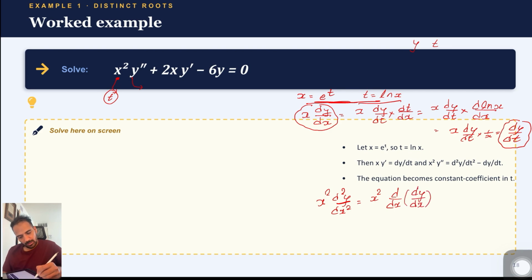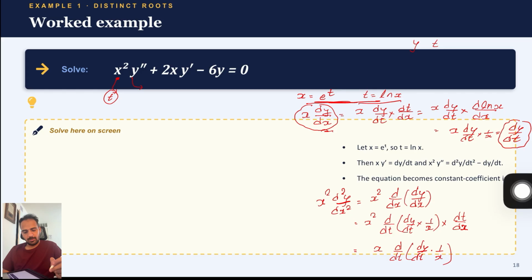So I will have x square, and this will be my d over dt of dy over dx, which can also be written from this equation as dy over dt into 1 over x, and here using dt over dx, the 1 over x will already cancel out, so x d over dt of dy over dt times 1 over x.